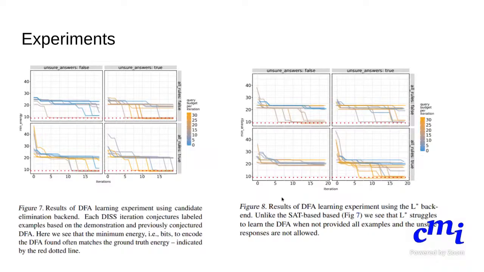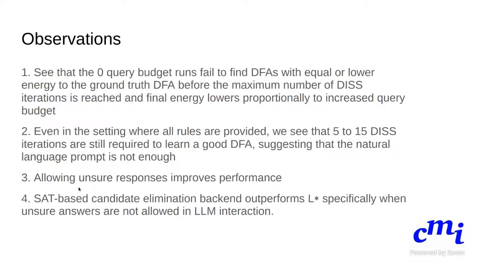If the unsure answers are false, we are not able to recognize the DFA. When we allow the LLM to answer unsure, we are able to recognize the DFA within 15 to 20 iterations. This is why allowing unsure improves performance highly.